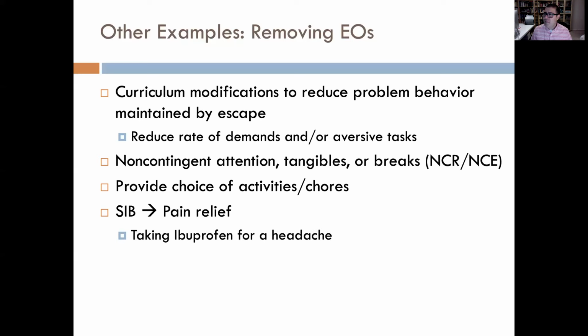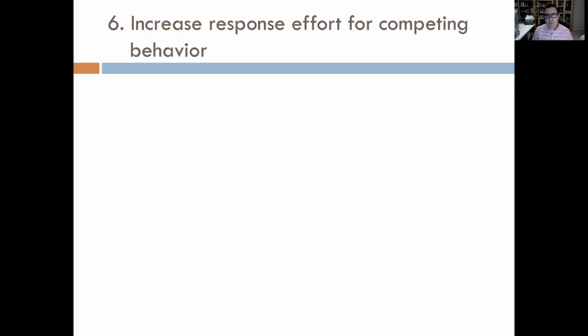Well, maybe if you take headache medication, the motivation to engage in SIB will go away. If for some reason the SIB might be related to noise or light levels being too noisy or too bright, well, if you make the environment less noisy and less bright, there'll be no motivation to engage in the problem behavior.